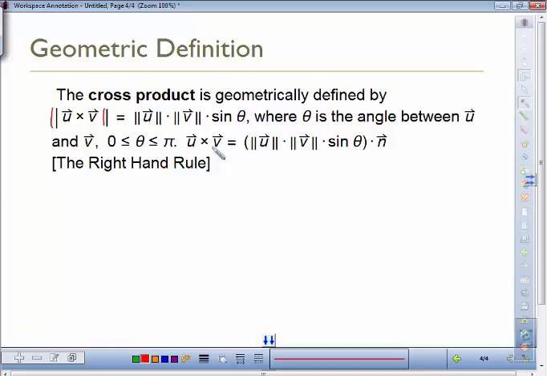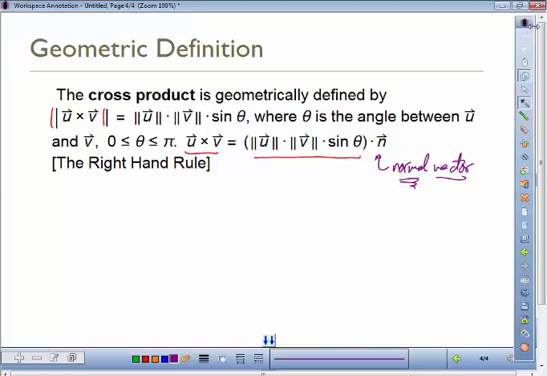If we don't look at the magnitude, but just the cross product itself, the vector result that you get is going to be the length of that vector times n, where n, what have we been using n for? The normal vector. So what this is telling us is that the cross product is actually going to be another vector that's perpendicular to those two vectors.